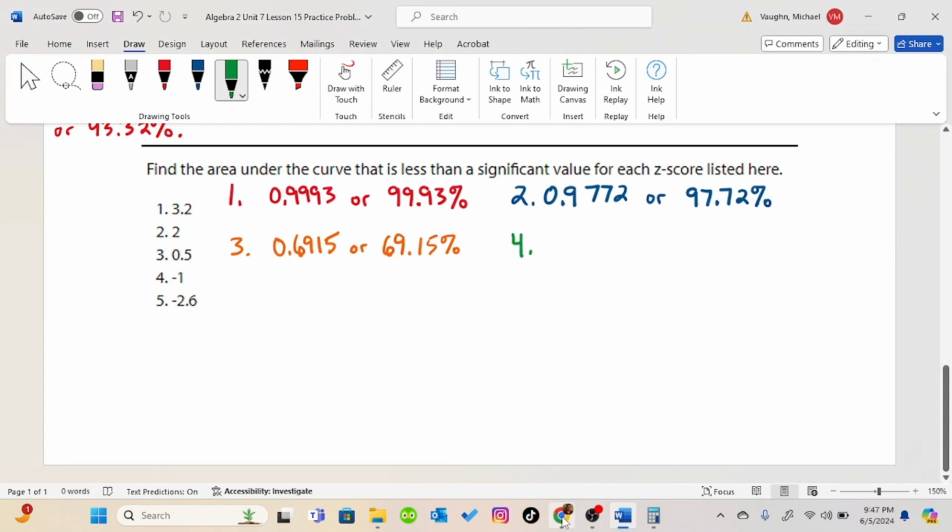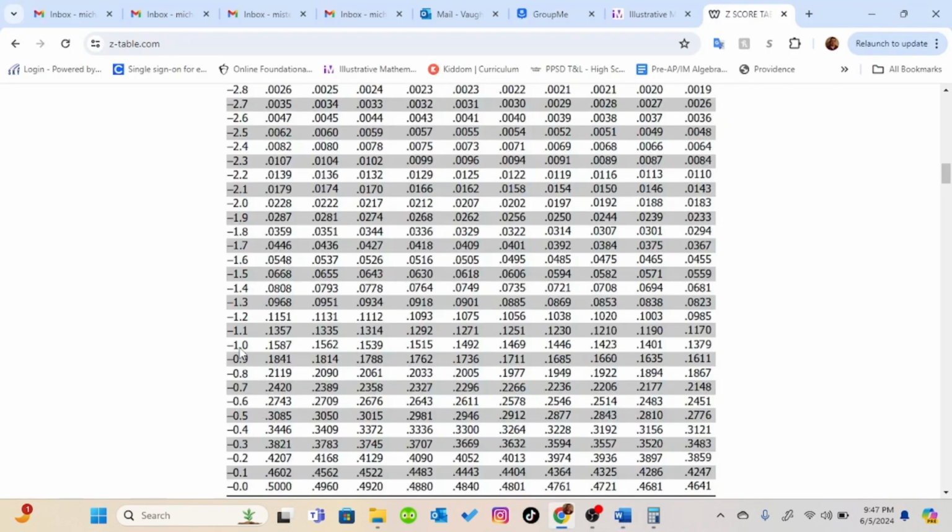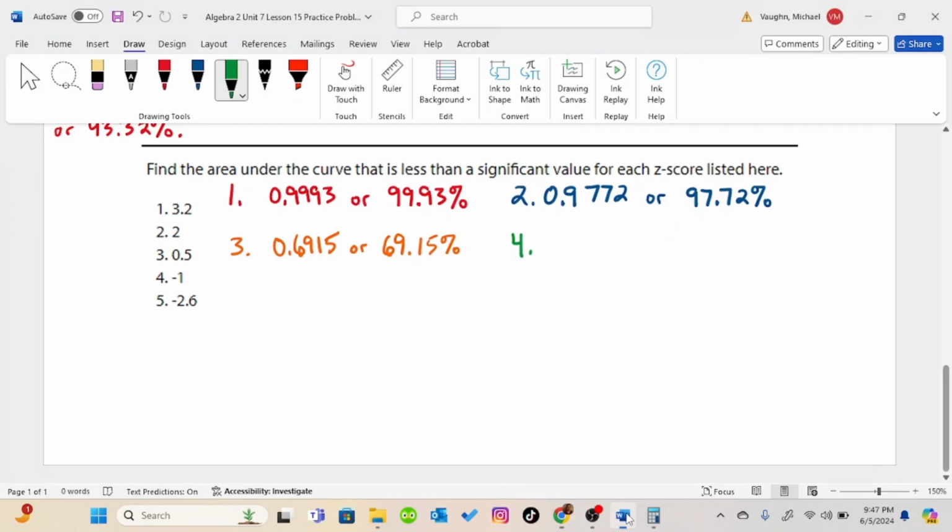We want -1, so we find -1.0 on the left column, and we look to the right, and our answer is 0.1587, or 15.87% of the area under the curve is less than a z-score of -1.